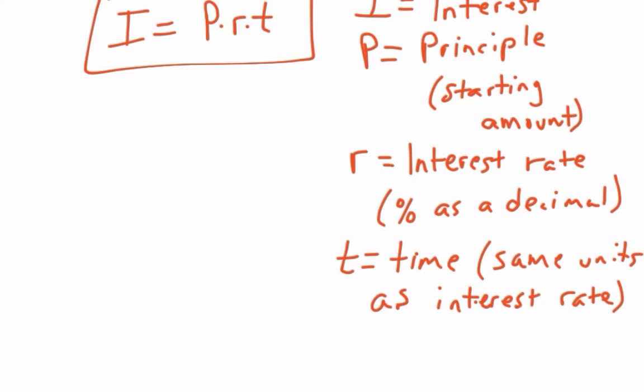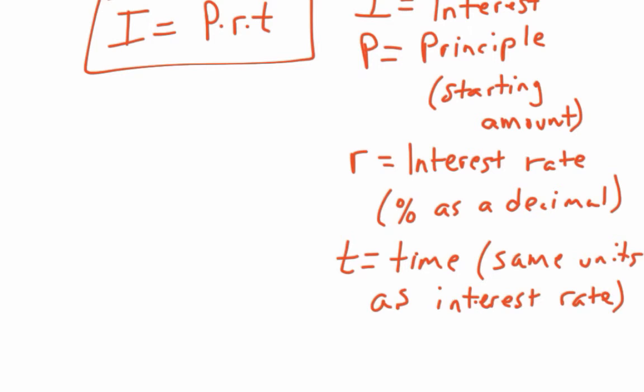How much do they charge you in interest in 6 months? And a lot of people will put the 6 in for 6 months. But if it's 4% interest a year, 6 months is going to be what for time? 0.5, because 6 months is half of a year. So you'd have to make sure you're in years if your interest rate is in years.